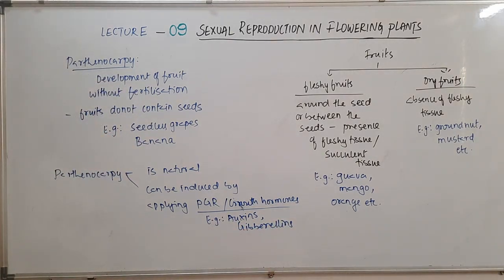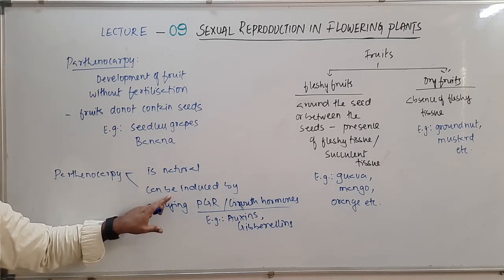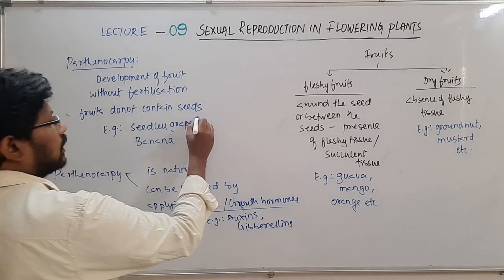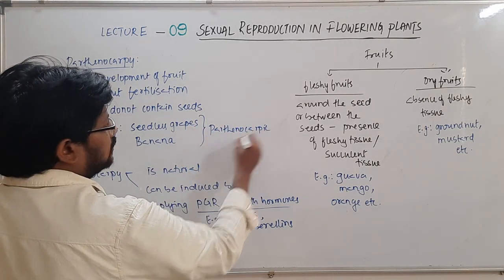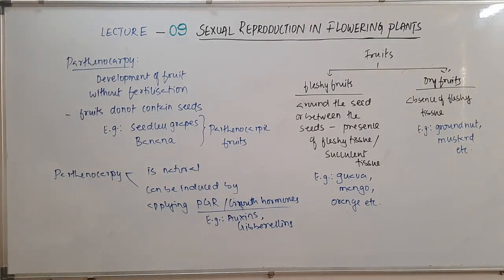By applying these auxins and gibberellins, you can develop the fruits without the seeds. So then the condition is induced. So we can induce parthenocarpy by applying such growth hormones, or in fact in some species parthenocarpy is a natural process. And the fruits that are produced by this process are called parthenocarpic fruits. So that's about a small concept called parthenocarpy.